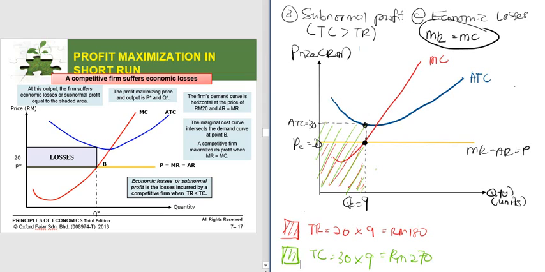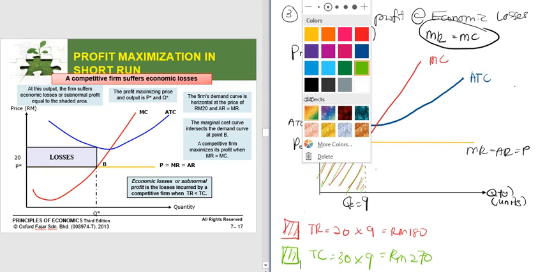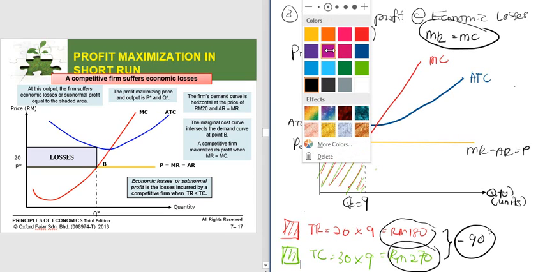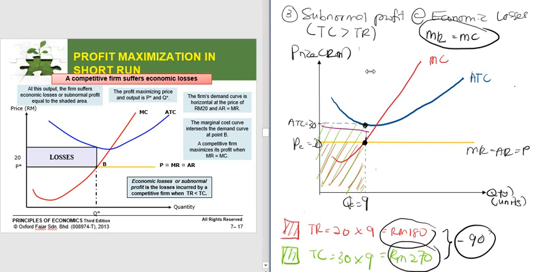Okay, so you can see that the green area is bigger than the red area, meaning your total cost is bigger than your total revenue. So when you do total revenue minus total cost, which is 180 minus 270, what you get is negative 90, meaning you get a loss of RM 90. Where is this loss? The loss is shown in this area here, from here to here.